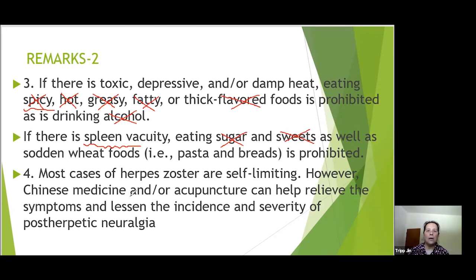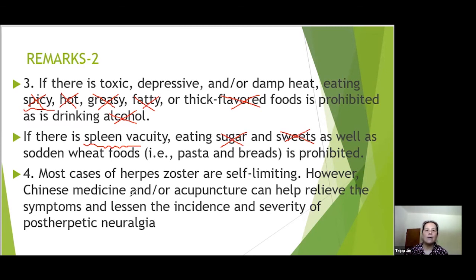because we know the sweet flavor goes to the skin, especially in patients with spleen deficiency. If we eat too much sugar or sweet food, it does more damage to spleen function.